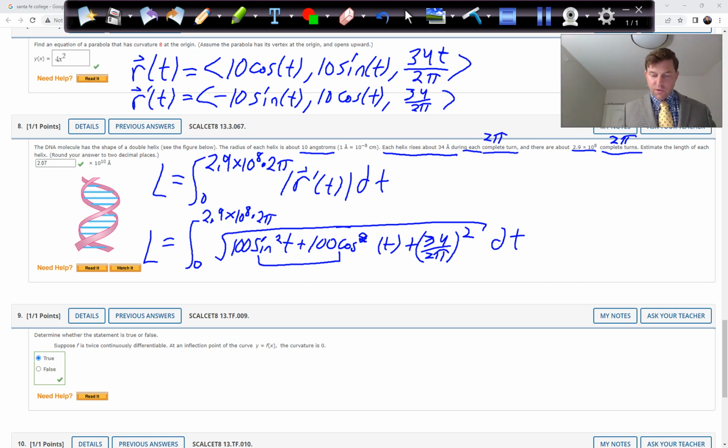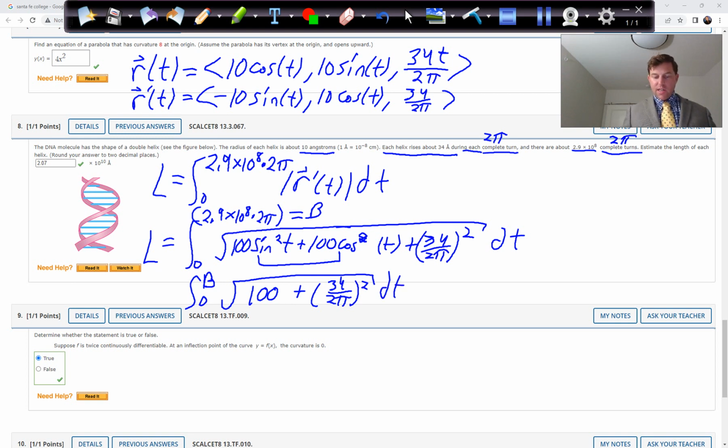And if you factor out the 100, you're going to get, this is 0 to, let me just call this whole thing capital B, so I don't have to keep writing it. This is going to be the square root of 100 plus 34 over 2 pi squared. That's just a constant. That whole thing is just some number.